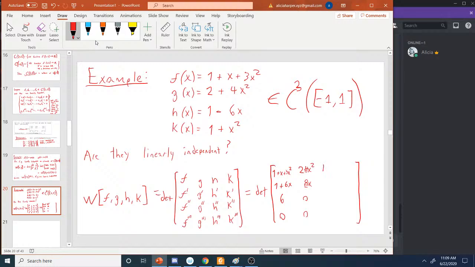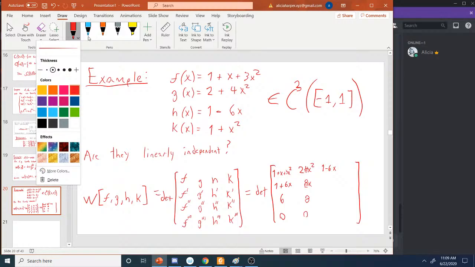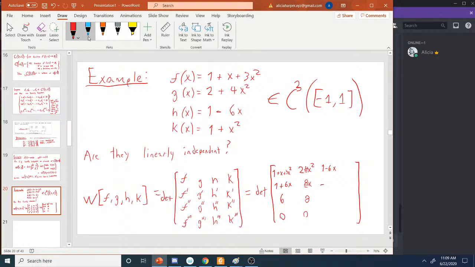Now I look at 1 minus 6x. Its first derivative is negative 6. Its second derivative is 0, and its third derivative is 0. And then finally, we look at 1 plus x squared. Its first derivative is 2x. Its second derivative is 2, and its third derivative is 0.